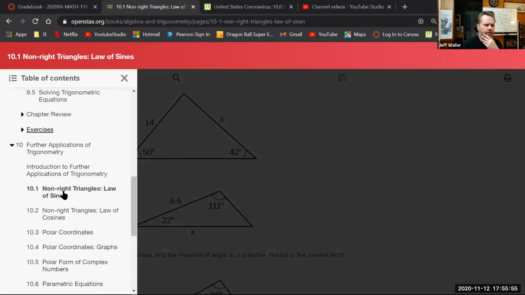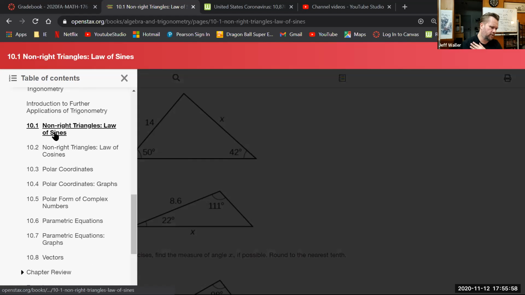So just to kind of review a little bit, first two sections of 10, law of sines, law of cosines. Law of cosines kicks so much ass. Pythagorean theorem lives in it, and it just has one little extra term, an adjustment term, right? If the angle is 90, the adjustment term goes away and you get your normal Pythagorean theorem back.